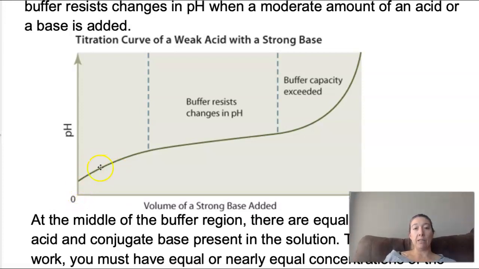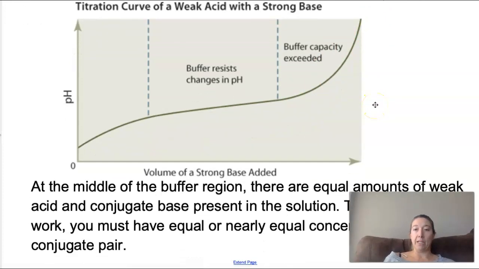As I add base, I create more and more of the conjugate, until I have enough that I create what's known as a buffer. Even though we're adding base, the pH isn't changing significantly. Eventually we reach a point where it does, and we go towards the equivalence point, the straight vertical section, because we've exceeded the buffering capacity.